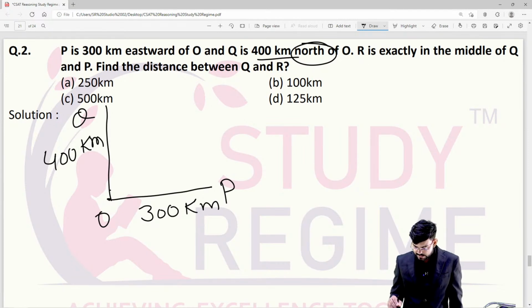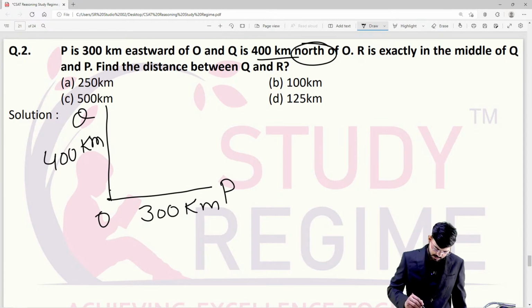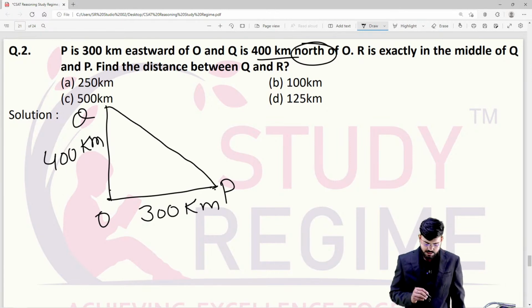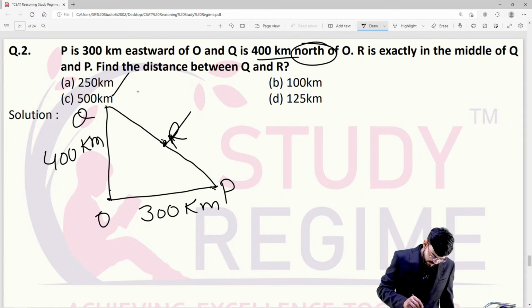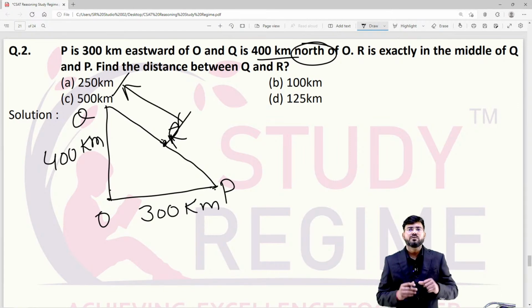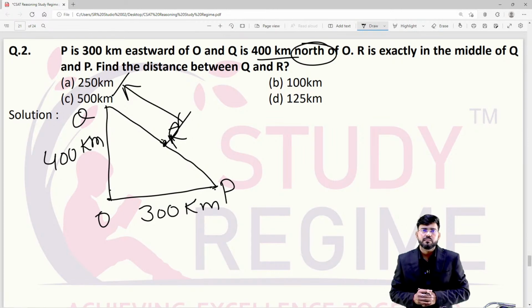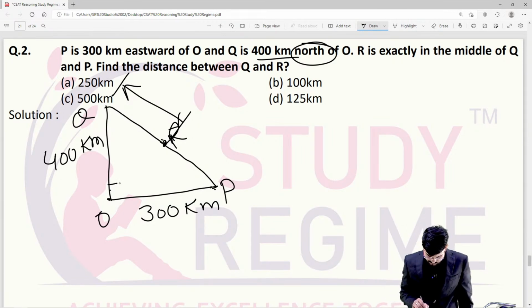Since R is exactly in the middle of Q and P, draw this line QP, and R is exactly in between. You have to find the distance between Q and R. Actually, this is a question from the Pythagoras theorem, and it is applicable for a right angle triangle.